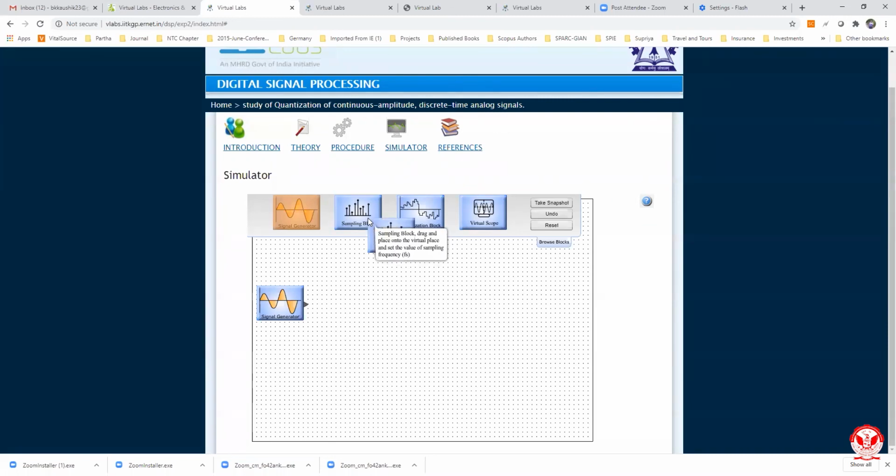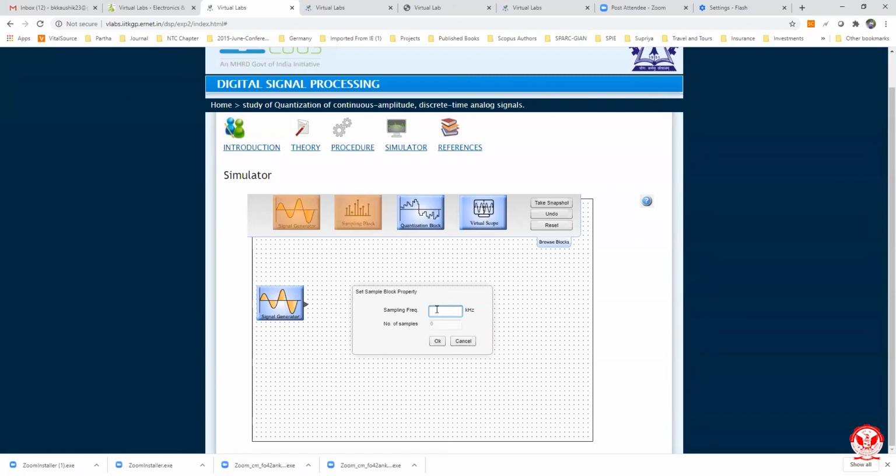We select the sampling block, drag it into this space, put it here and click on this block. Now again we find a window here. Here we can set the sampling frequency. Earlier we had taken the sample of the signal 3.